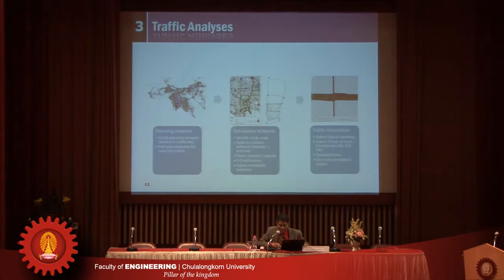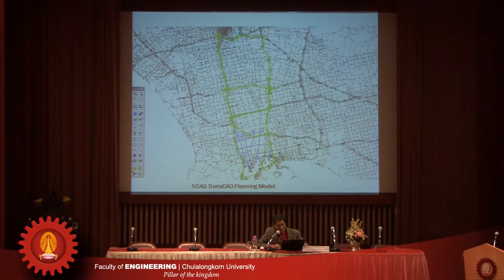So it's an extremely elaborate topic. About 3-4 PhD students lost a lot of their sleep over this. And this is where we start. It's what is known as the static planning model. In this case, it comes from SCAG, the Southern California Association of Governments planning model, which is the Metropolitan Planning Agency.